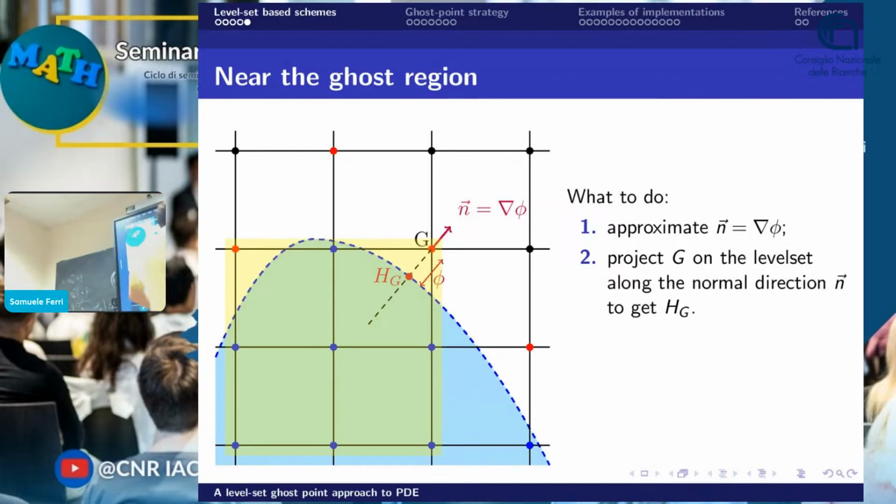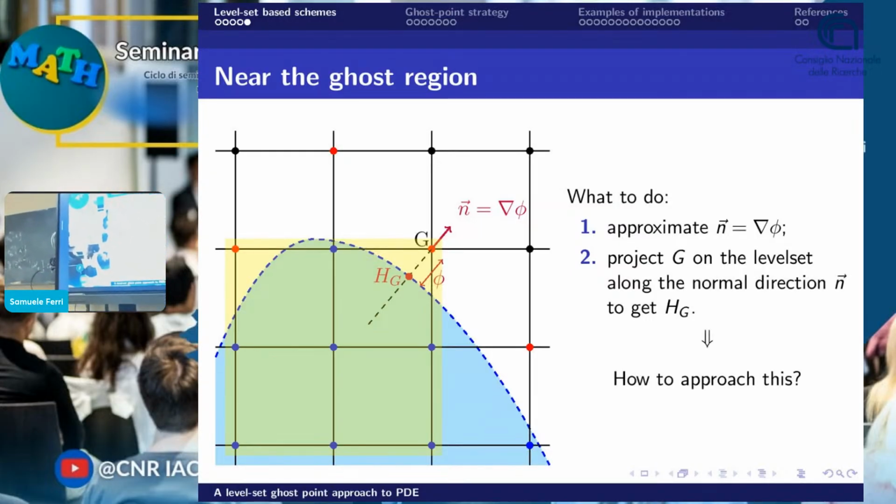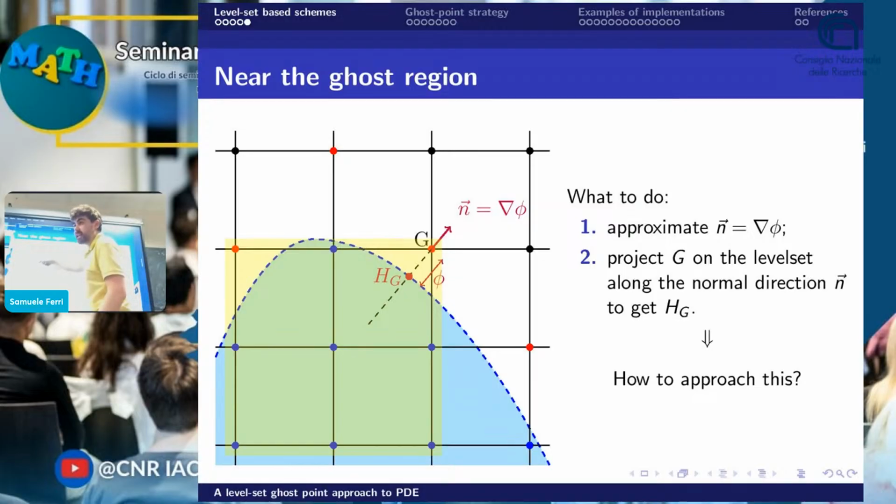So for example, this point is not a ghost point because we don't count the diagonal direction. We just use the standard orthogonal directions. And so this point is outside and we don't do anything. This is the definition of ghost point.